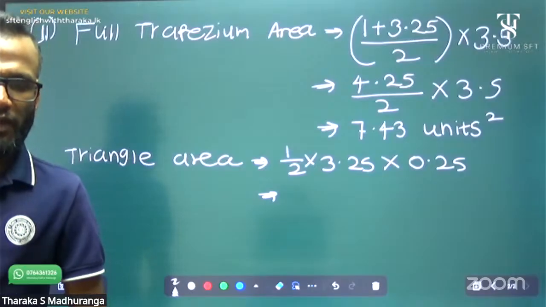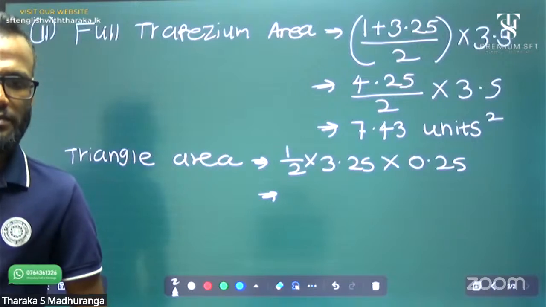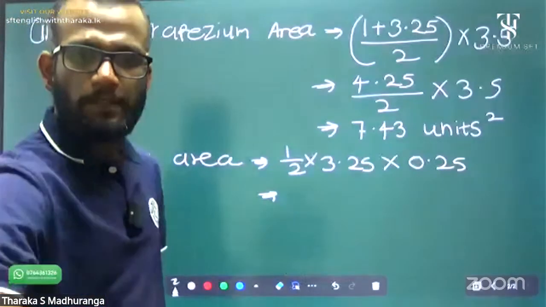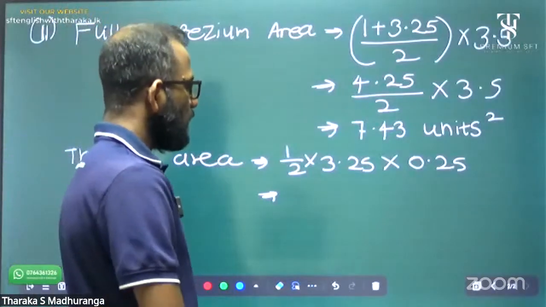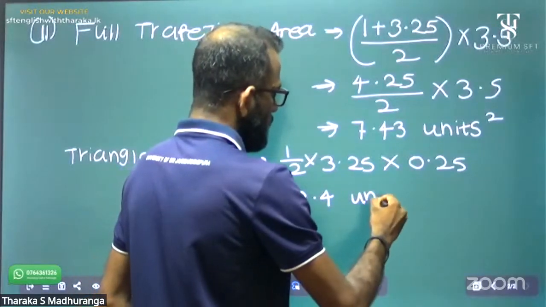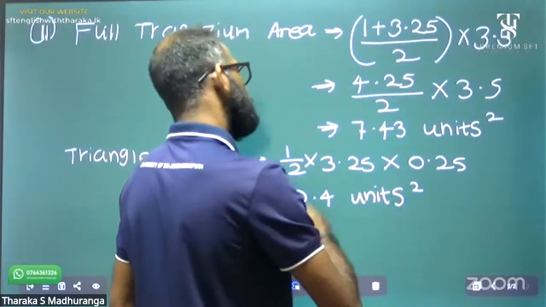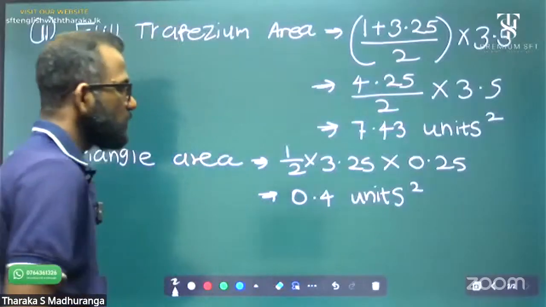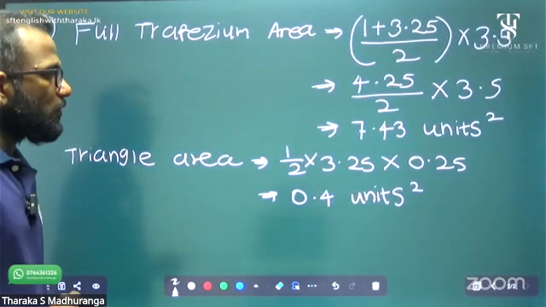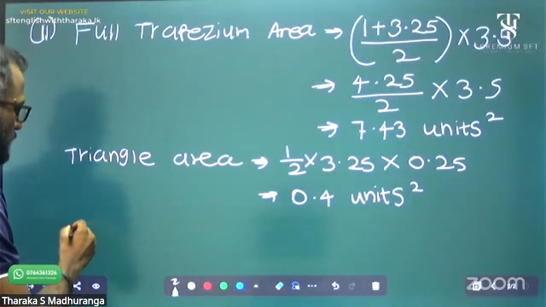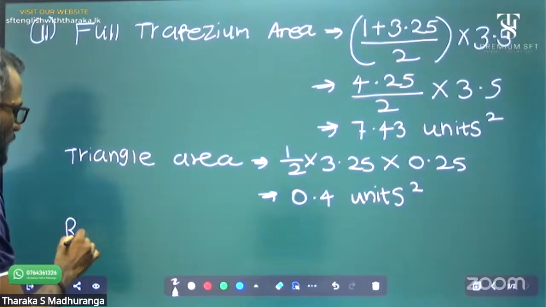It's a 0 point value, a small value, I think. 0.4. Okay, 0.4 square units.